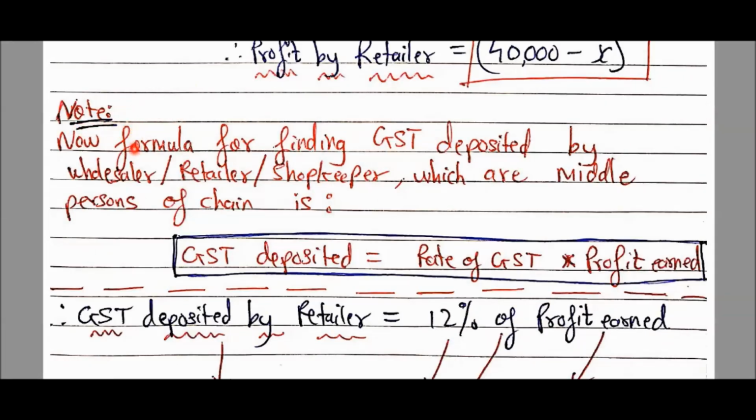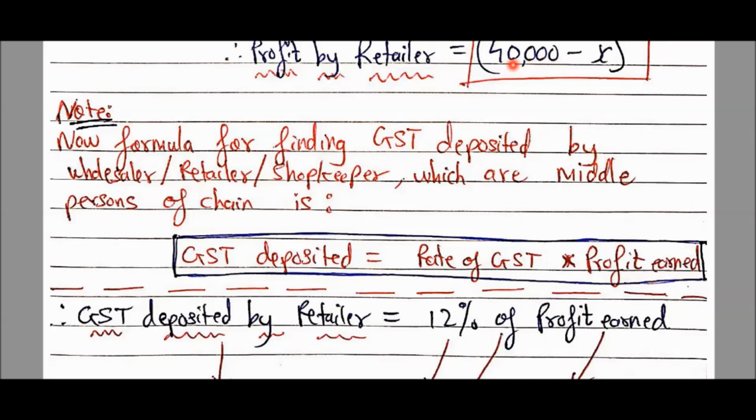Students, see here. Now the formula for finding GST deposited by wholesaler, retailer, shopkeeper, which are the middle persons of the chain, is GST deposited is rate of GST multiplied by profit earned. So students, hope you understood why we found the profit. Why did we find the profit?